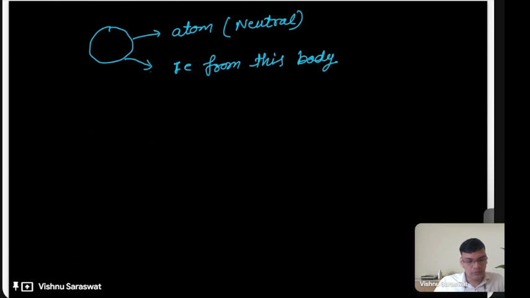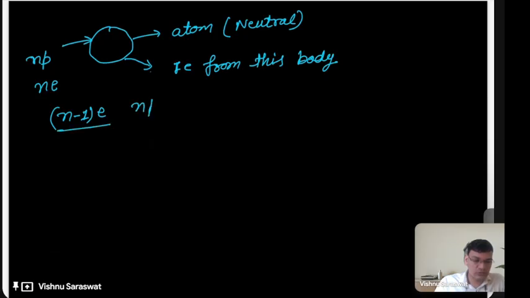Actually, on this body there are n number of protons and n number of electrons, but we extract one electron from it. So the number of electrons is reduced by 1, and the body or atom will be positively charged. Why? Because the number of protons is more after extracting one electron from this body.